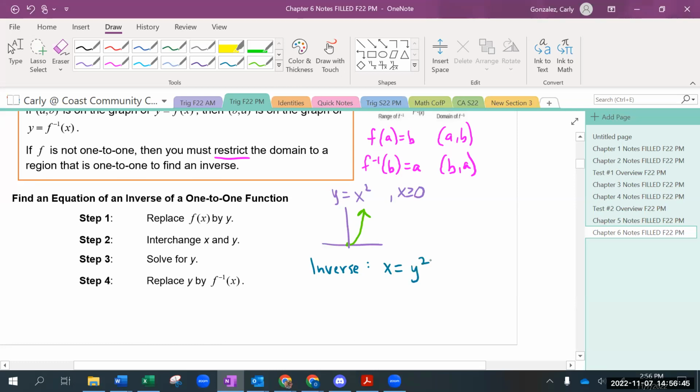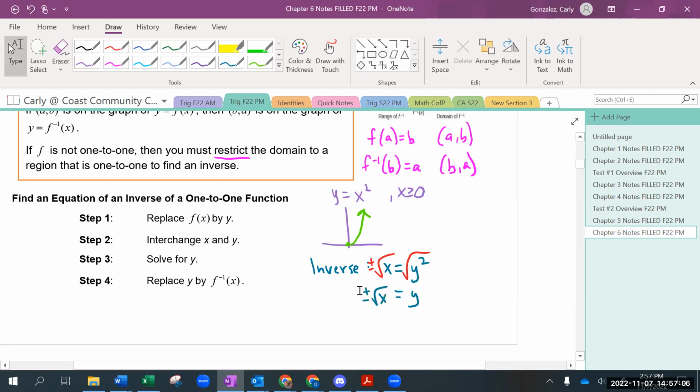This is a different function altogether. As soon as you switch your variables, it's a totally different function, but it could describe the inverse. So let's solve for y. I will take the square root of both sides, remembering the plus or minus. Now I get y equals plus or minus the square root of x.